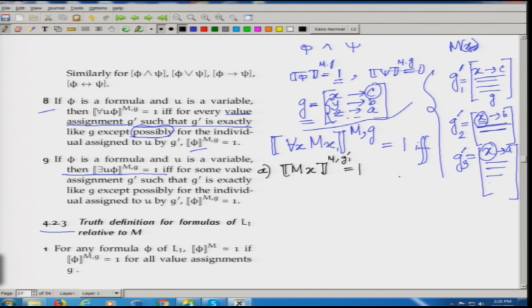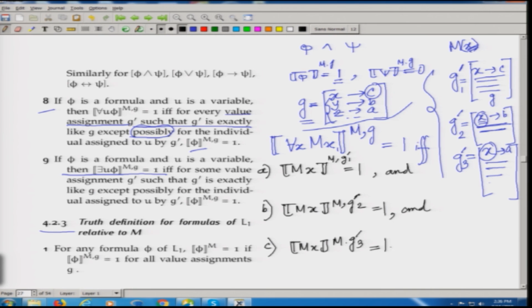This is 1 if and only if mx with g prime 1 is 1, and mx with g prime 2 is 1, and mx with g prime 3 is 1, right.